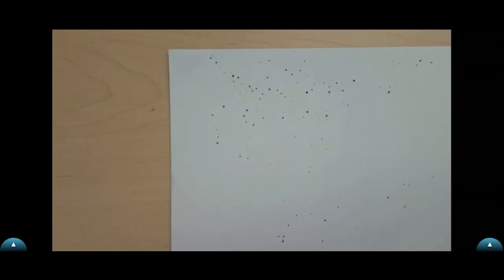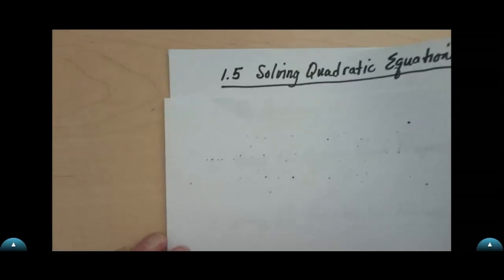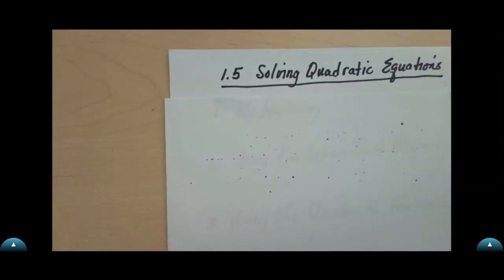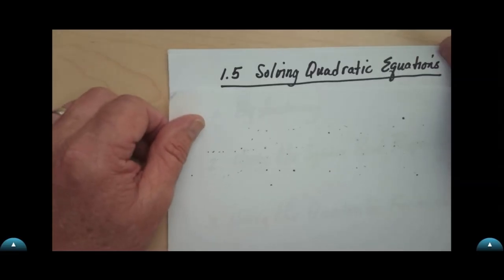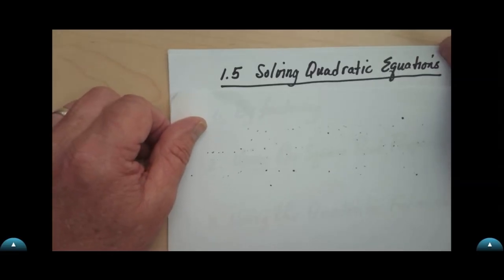Section 1.5 is one specific type of equation that we're working on. In section 1.5, we're solving quadratic equations. And here in a few minutes, we'll look at exactly what we mean when we say an equation is quadratic. We're going to look at 3 different methods for solving these things.